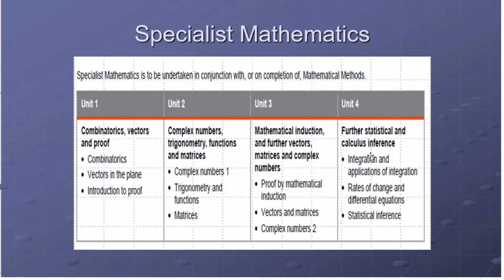So it is advantageous if you choose physics to also choose specialist maths, because some of the work, you're doubling up on. So some of the course will end up being easier for you to understand.